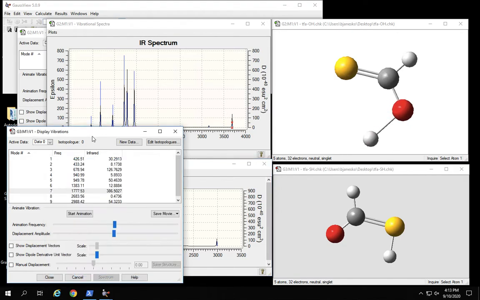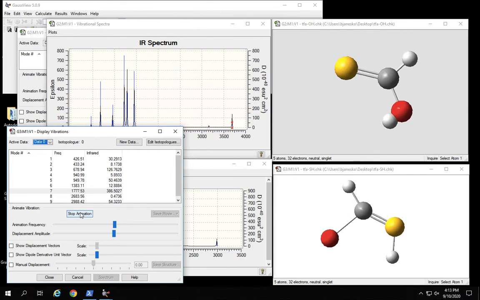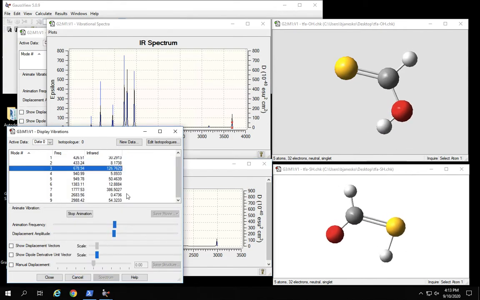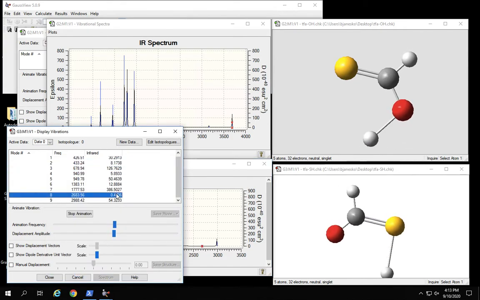That peak at 1,700 wave number is a CO stretch. It's drawn with one stick, but you could think of that as a double bond. And out here, the OH stretch, and where is that SH stretch? So surprisingly, two things.